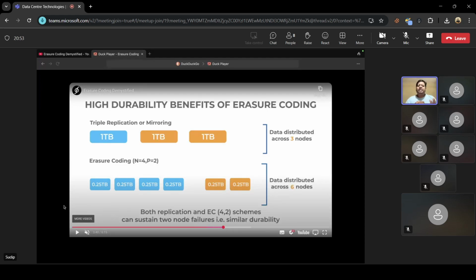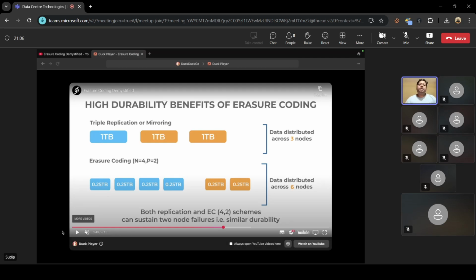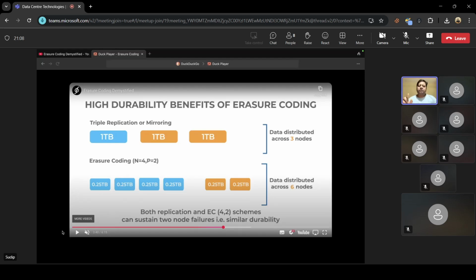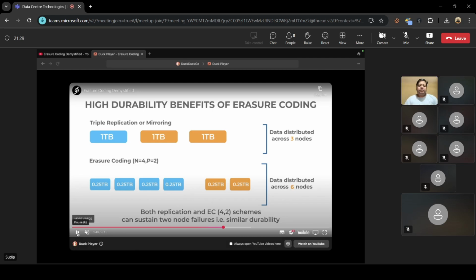Hence this is also called n plus 2 redundancy. All mean the same thing ultimately: how many failures can you withstand simultaneously? So the plus 2 stands for how many parity fragments we are creating to protect the data across n data fragments. And that n can be anything: 4, 5, 6, 8, 12, 20, 30, 100, doesn't matter.